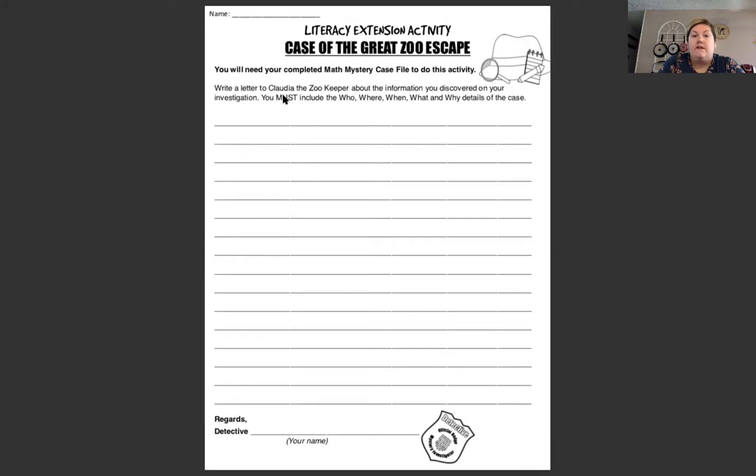Okay. Then your next sentence would be where the monkey went. Then your next sentence would be when the monkey escaped. And then what the monkey was doing while he was out of the zoo.